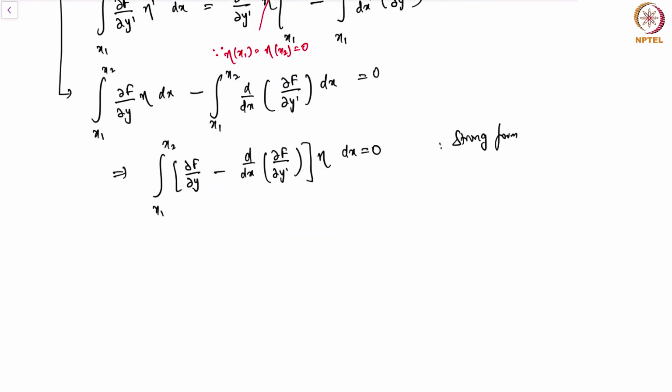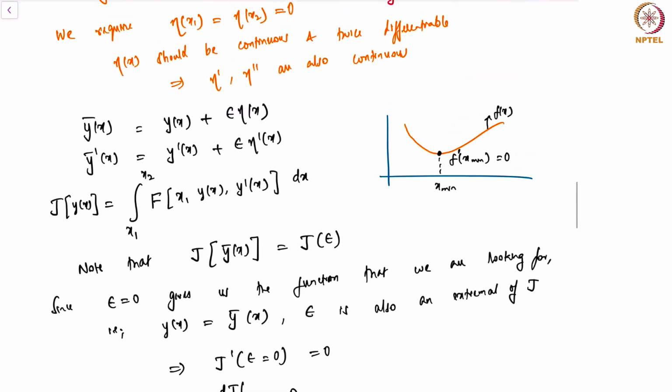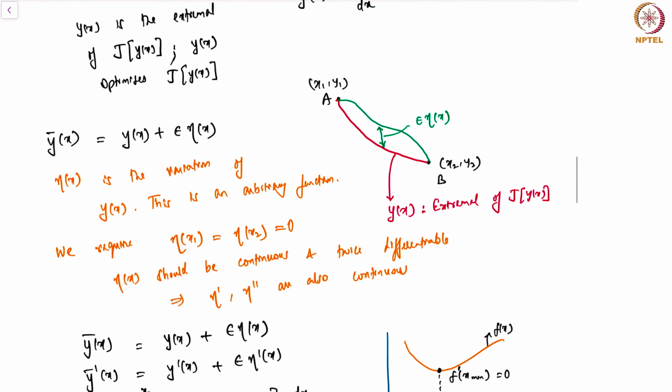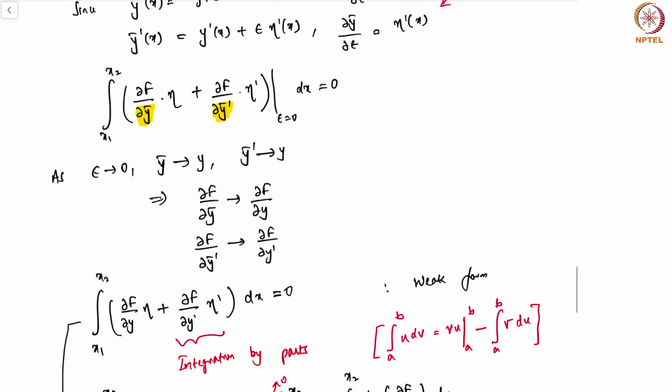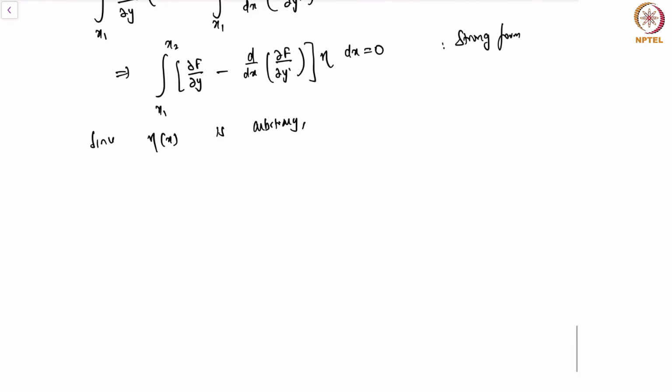Now, since η of x is arbitrary, that's something I said at the very beginning, that η of x is some arbitrary function, for this integral to hold for all possible functions η, we require the quantity inside the integral, ∂f/∂y minus d/dx of ∂f/∂y′, to be equal to 0.